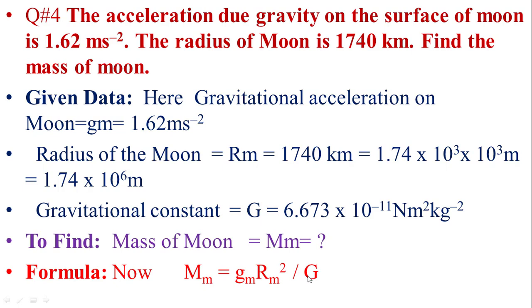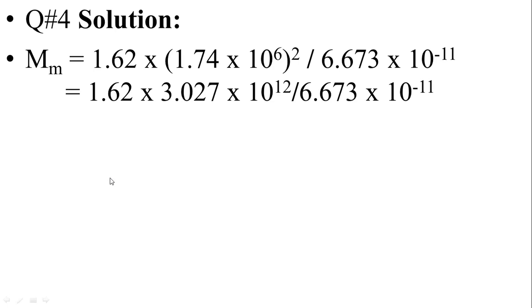Now we calculate the solution. Mass of the moon is equal to putting the values: 1.62 multiplied by 1.74 multiplied by 10 raised to power 6 whole square, because it is the radius of the sphere, divided by the value of G, 6.673 multiplied by 10 raised to power minus 11.